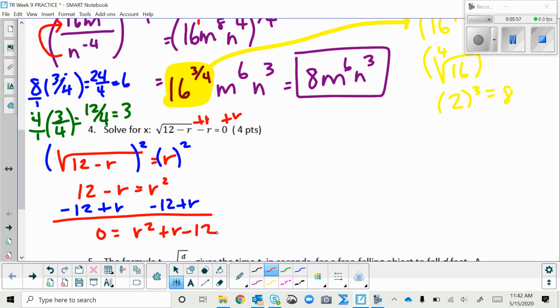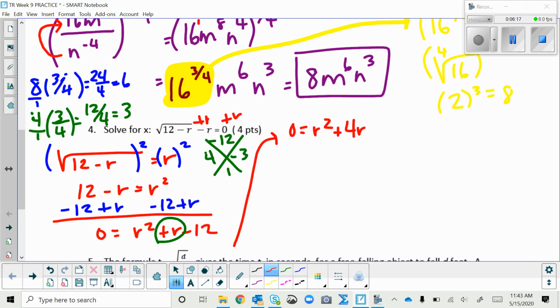I need to factor that, so I'm going to do my cross method. What multiplies to negative 12 and adds to positive 1, and that's 4 and negative 3. So I'll use the 4 and negative 3 just to rewrite this middle term. So 0 equals r squared plus 4r minus 3r minus 12.